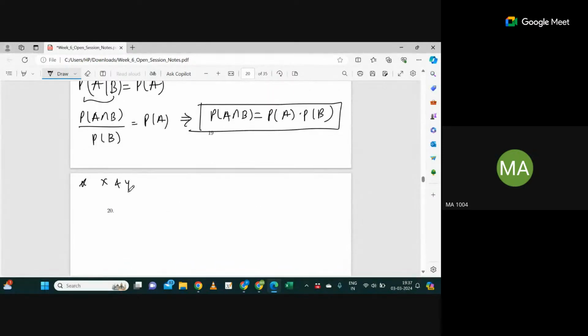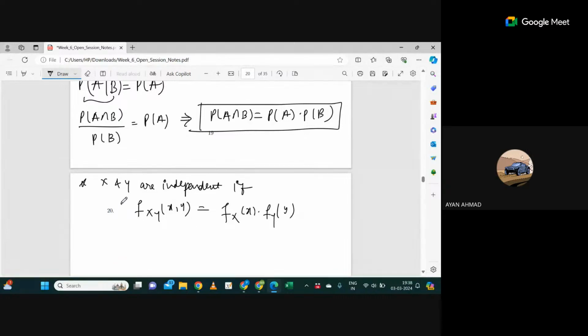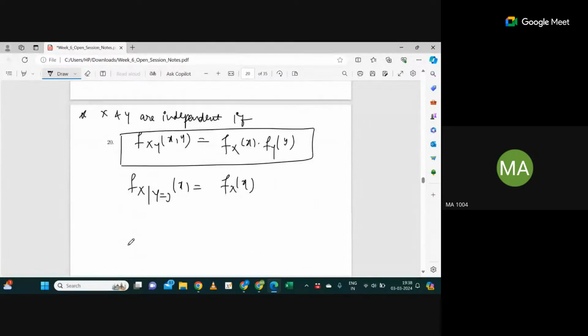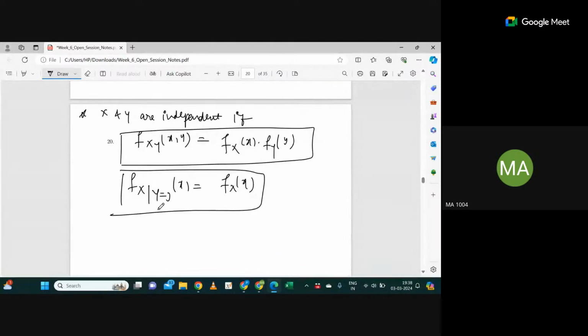I will say X and Y are independent if the joint density of X and Y is equal to the product of their marginals. Or, if the conditional density of X given Y is equal to f_X of x, then I will say independence, because the happening of Y doesn't affect X. Vice versa, either way is fine.